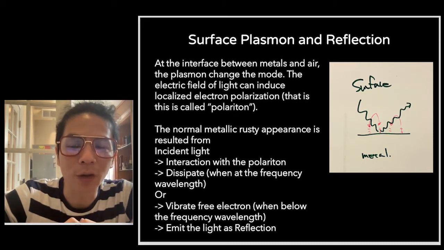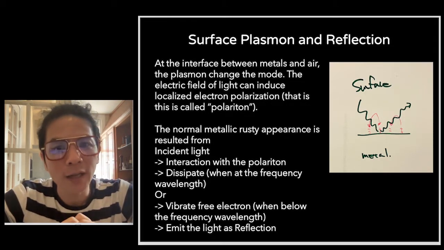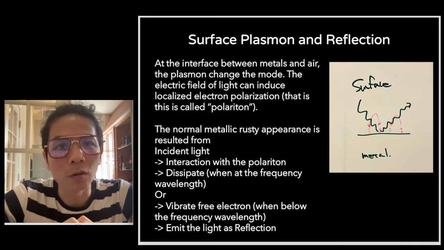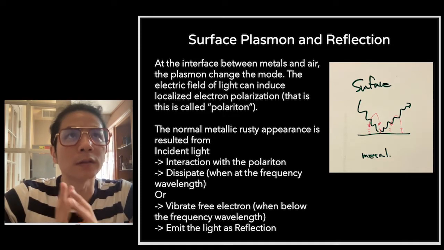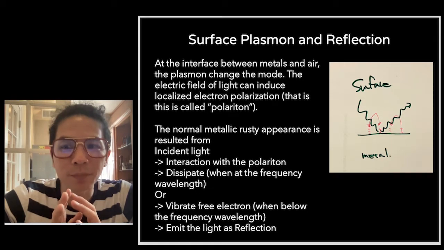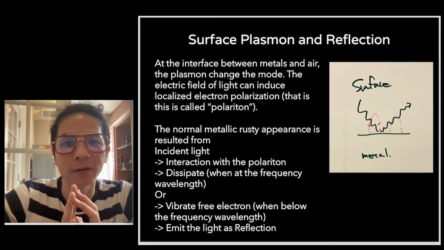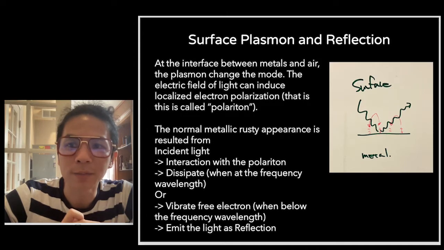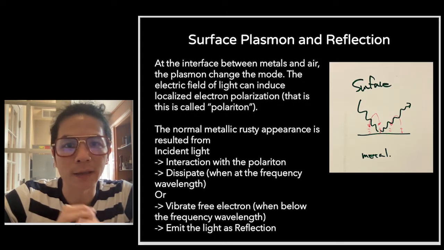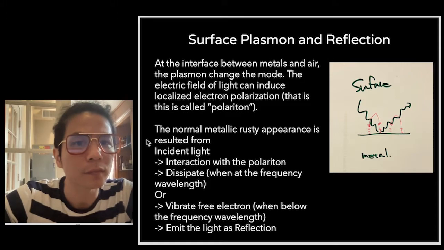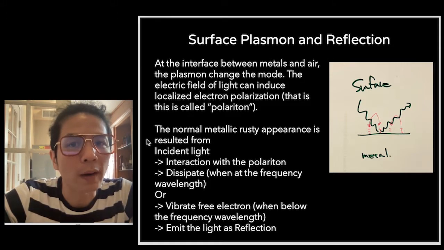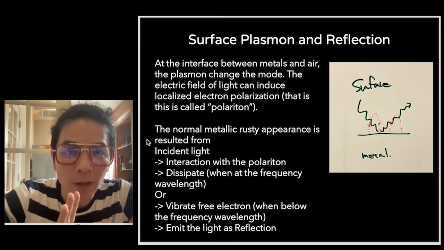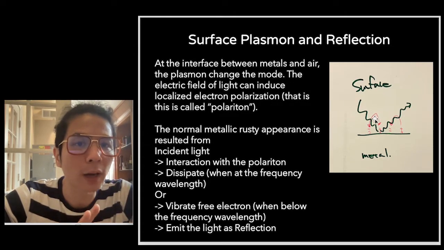But when you study plasmonic materials, sometimes you might see a description of the relationship between the lustrous, shiny appearance of the metal and plasmonic property. And this surface plasmon mode is basically explaining the shiny appearance of metal. So now we want to think about not inside the metal, but the interface between metal and air.